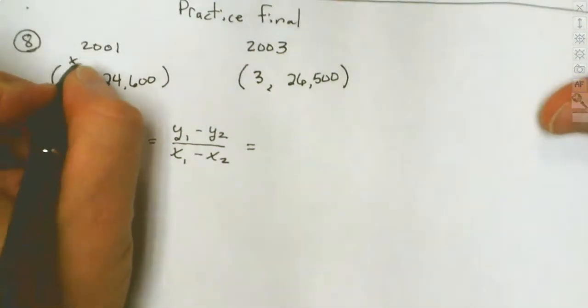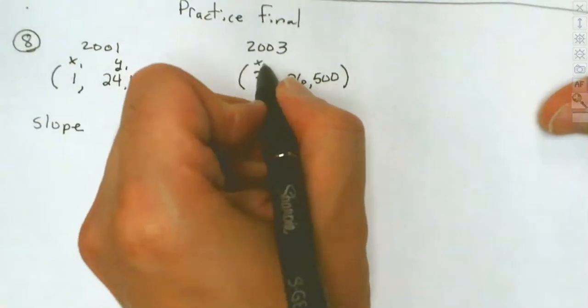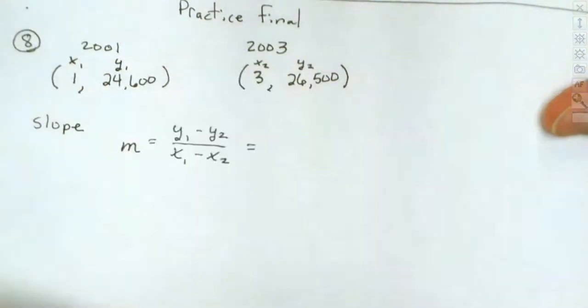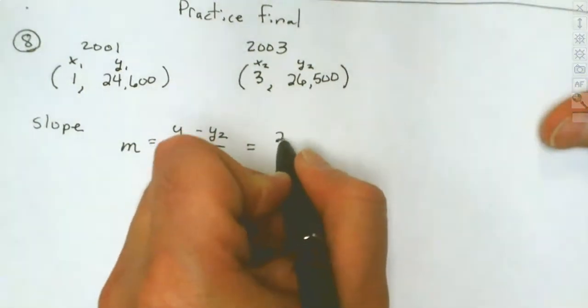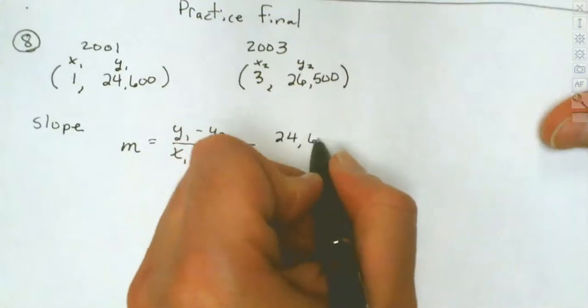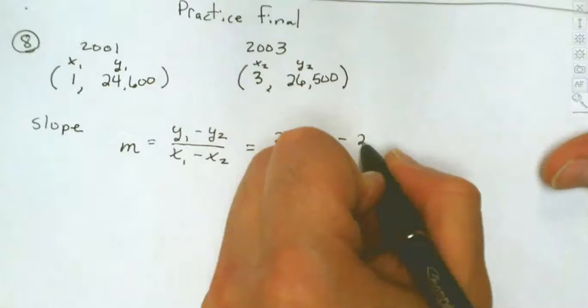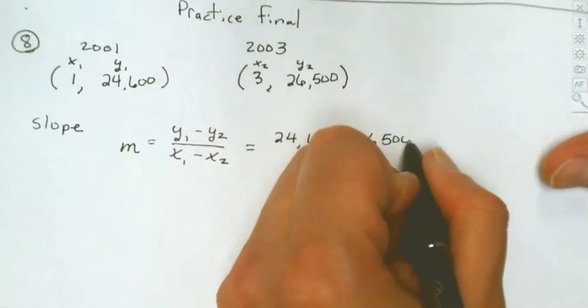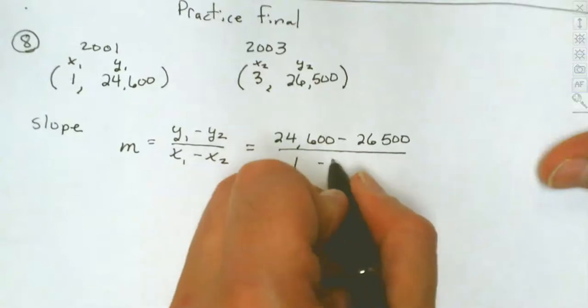And we're going to label our points x1, y1, and x2, y2. And we'll plug our values in. So that is 24,600 minus 26,500, and that's going to be over 1 minus 3.